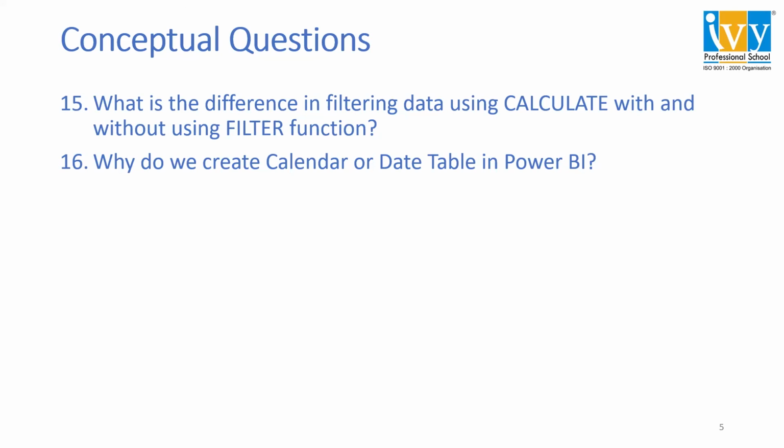For a calendar table, we can either directly use the CALENDAR function and use our chosen dates to get a start date and end date, or, for example, if we have an order date in our fact table or main table, we can use the min and max of that date to generate a calendar.